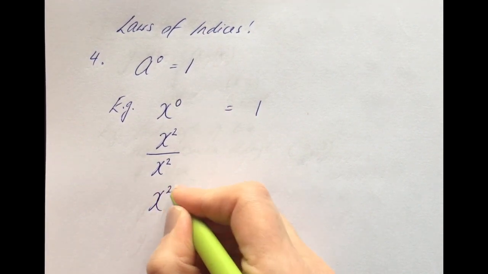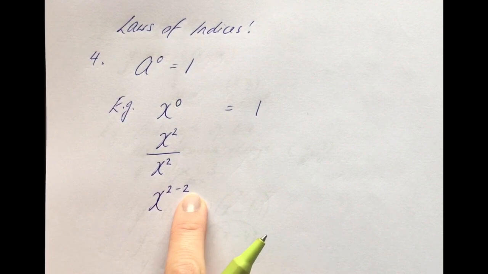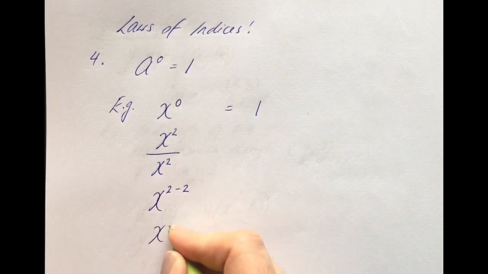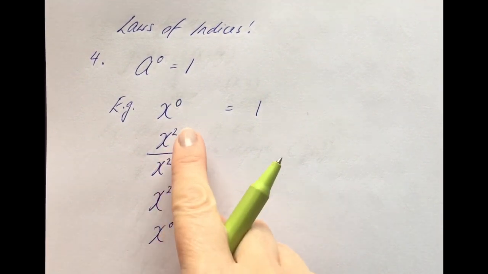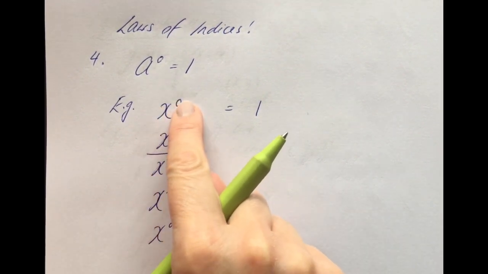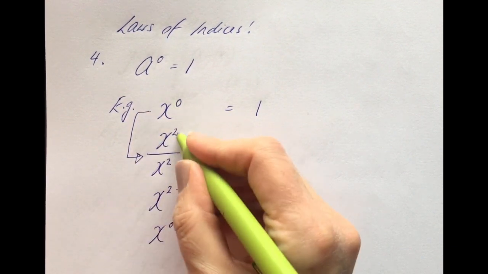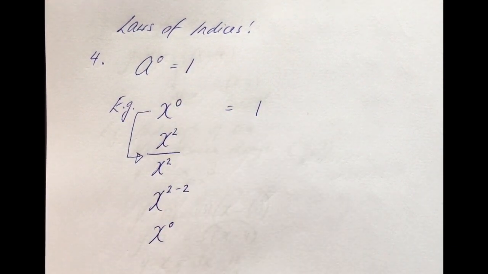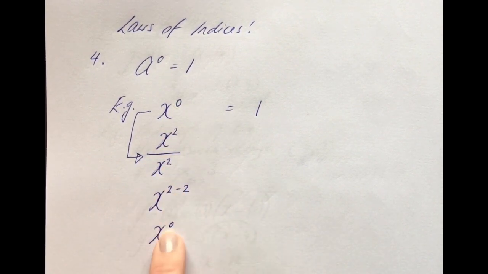So you'd have 2 minus 2. And of course, 2 minus 2 is 0. Okay, so another way of considering x to the power of 0 is to consider the example x squared divided by x squared. Because it is true, if you have x squared divided by x squared, you can subtract the powers and you'd get x to the power of 0.